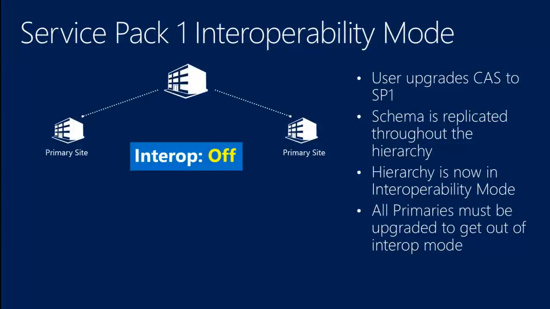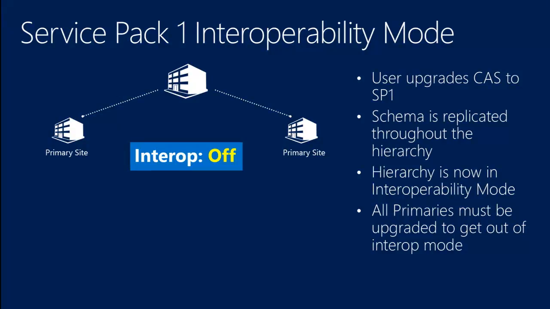But where it gets somewhat complex is when you have a hierarchy in upgrade, because in the world of Config Manager 2012, we have global SQL replication occurring at all times. Now, in the 2007, 2003 world, everything was file-based, and basically not a lot was being replicated.